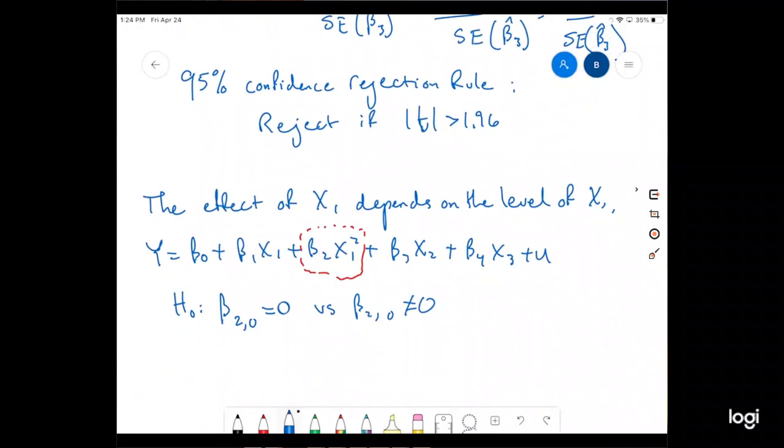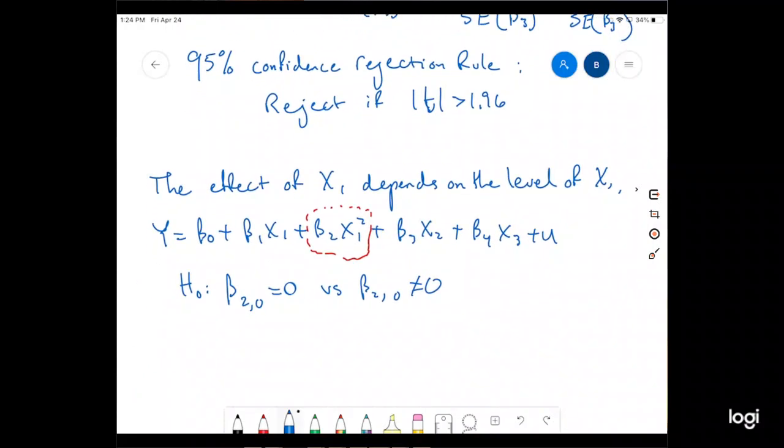On the other hand, if we then tested whether or not the marginal effect of x1 depends on the level of x1 using this other model, and we found that the t-stat on beta 2 was 1.4, we would fail to reject the null hypothesis.